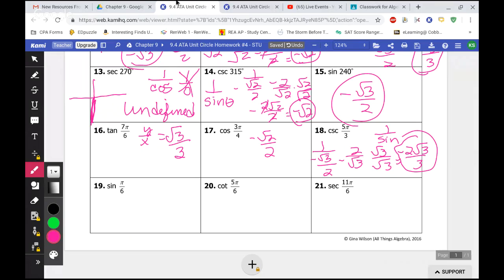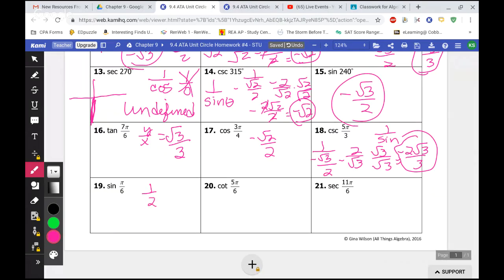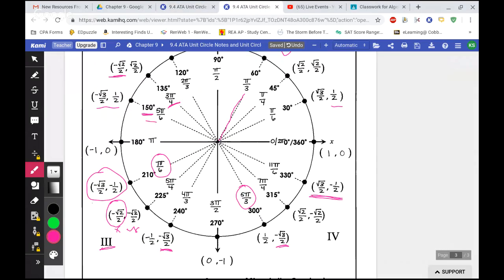Now I'm looking for sine pi over 6. That's the same measure as 30, and sine is y, so that's 1/2. And then cotangent 5 pi over 6, and that's here.